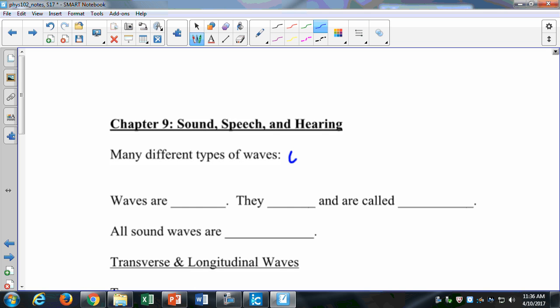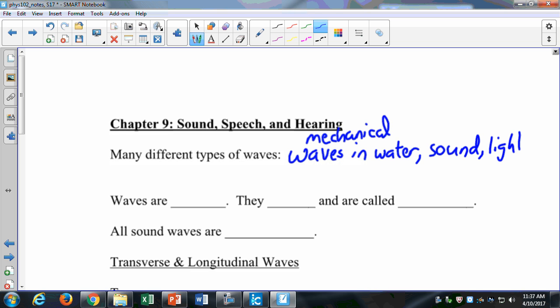But we have lots of different types of waves, right? We have mechanical waves, like waves in water. These are mechanical waves. We have sound waves, light waves, slinky waves. Lots of different types of waves.